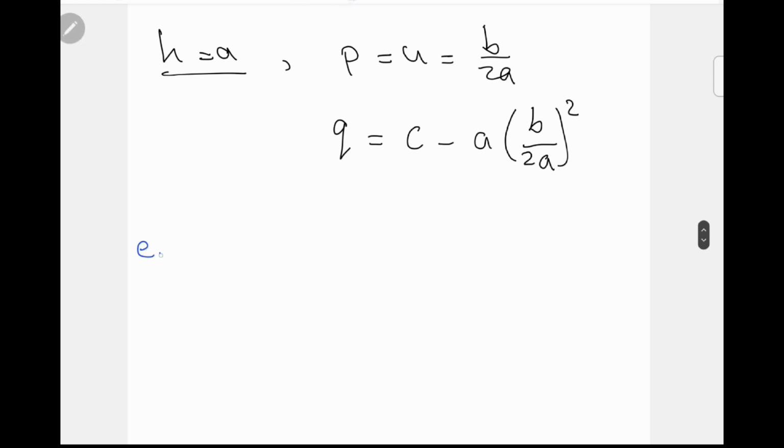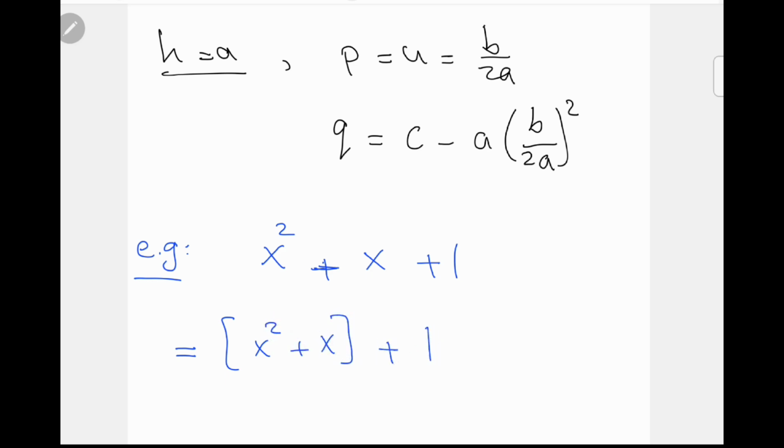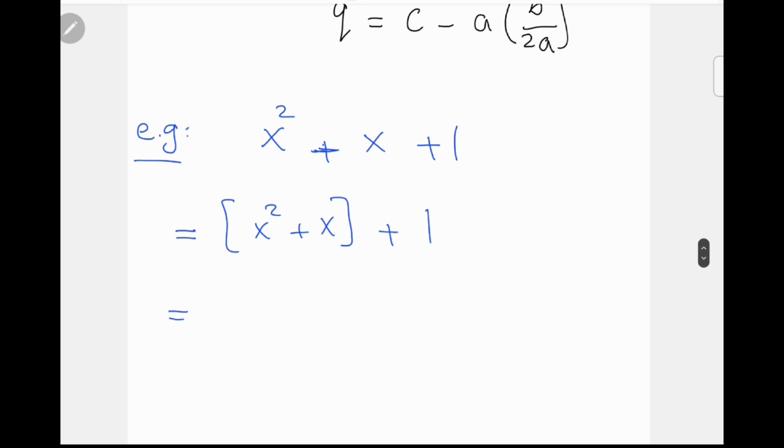Let's take an example. So we have x squared plus x plus 1. How do we complete the square for this equation? First of all, you take this x squared plus x alone, and I can express this as x plus 1/2 squared minus 1/2 squared.